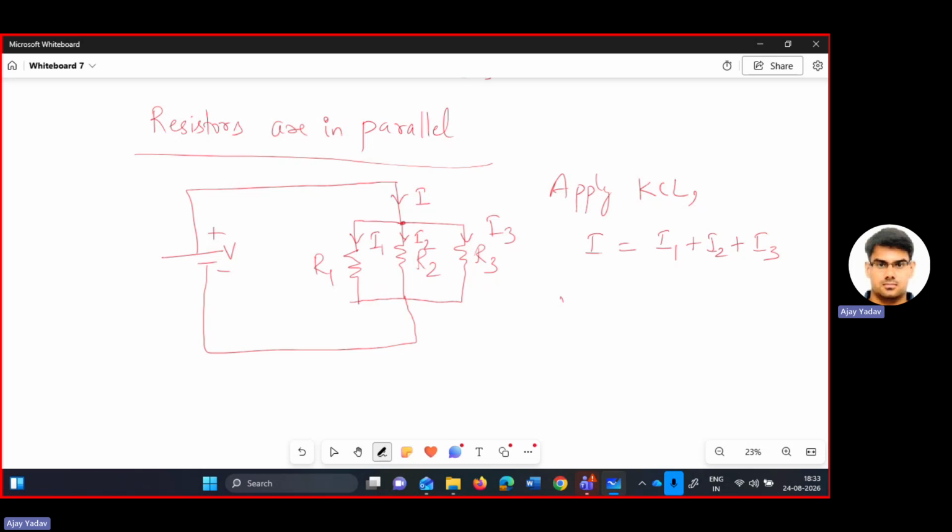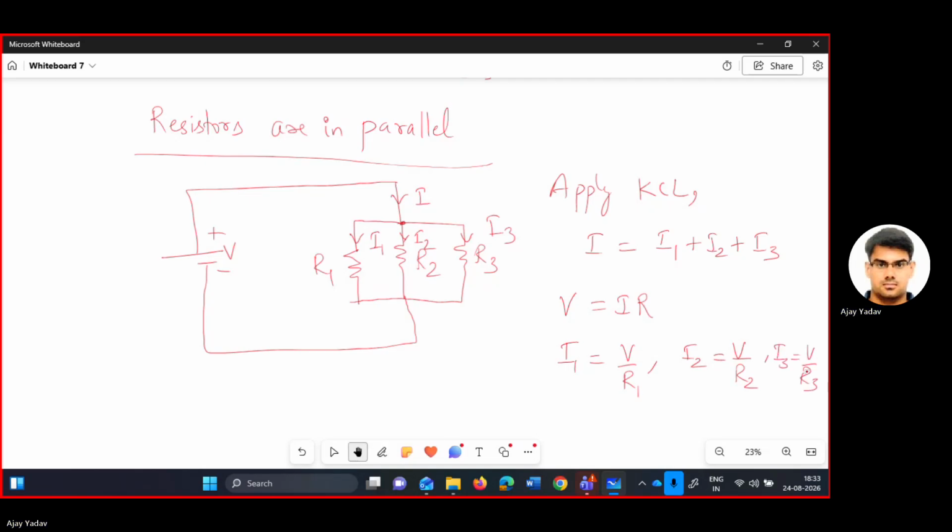According to Ohm's law, V is equal to I into R. So I1 will be V by R1, I2 will be V by R2, and I3 will be V by R3.